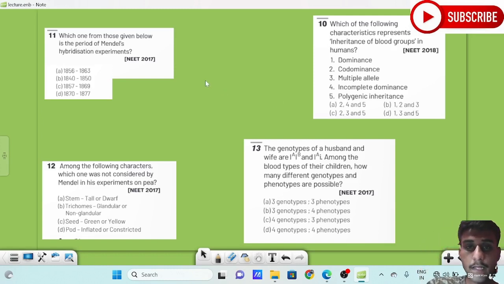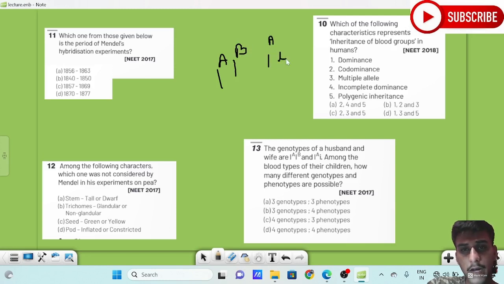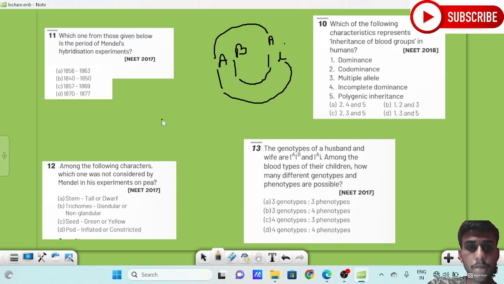So the genotypes are given here: IA IB and IA i. What are the possible genotypes? A is possible. This will also result in A. Next, AB is possible.